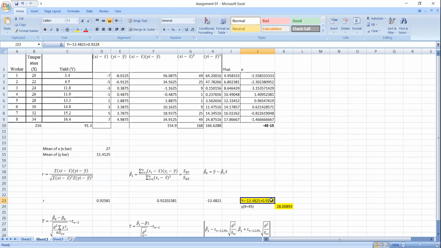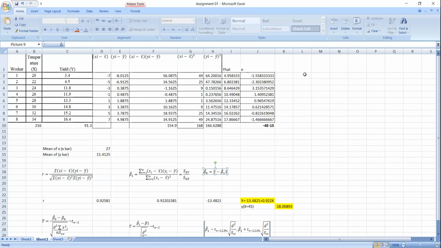Okay. And now we have completed task 1 and task 2. We fitted the regression model. We forecasted the yield for a given x value. And now we have to check with the model whether our model parameters are equal to 0 or not. So first we can start with beta 1.